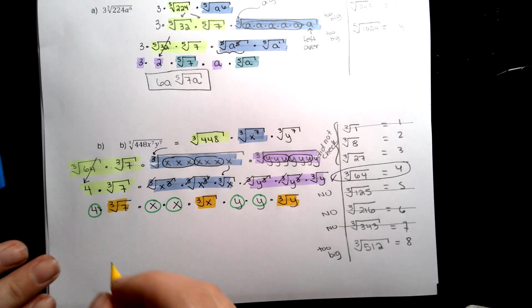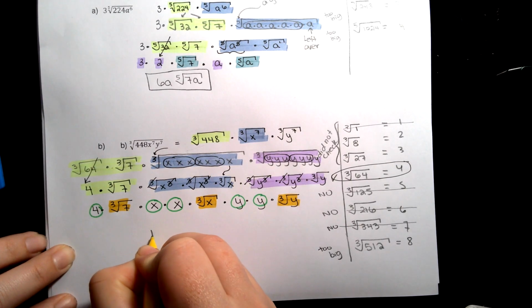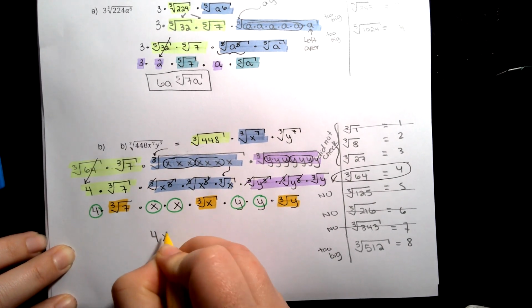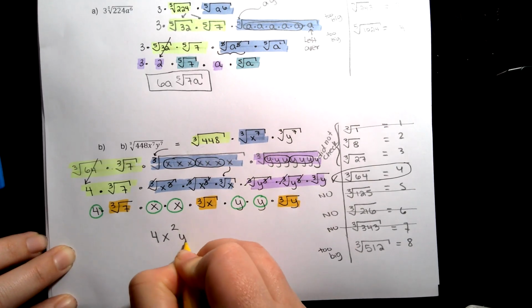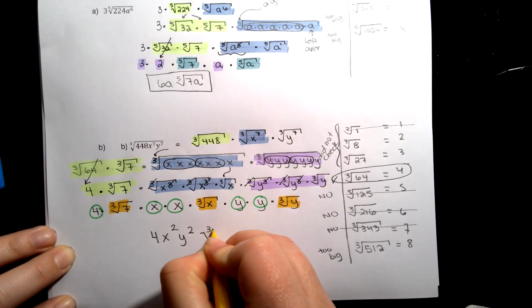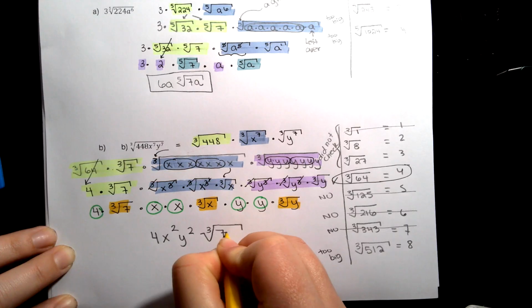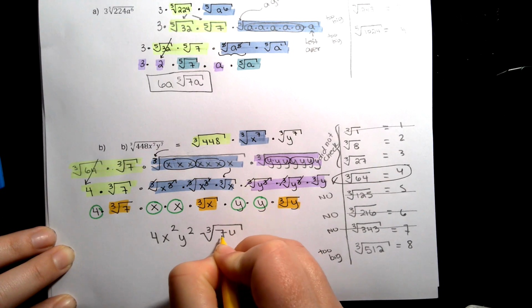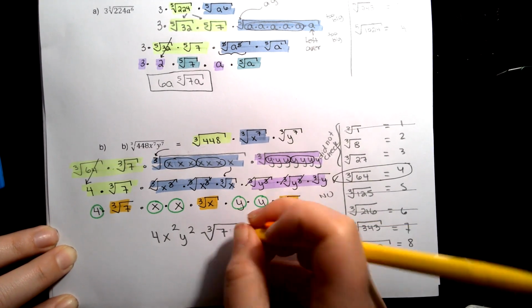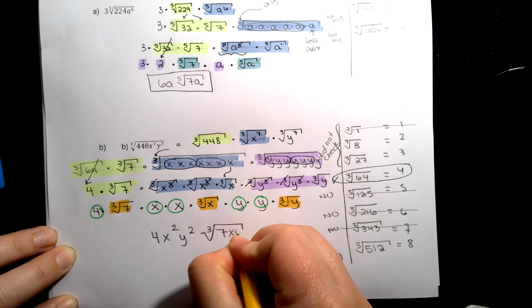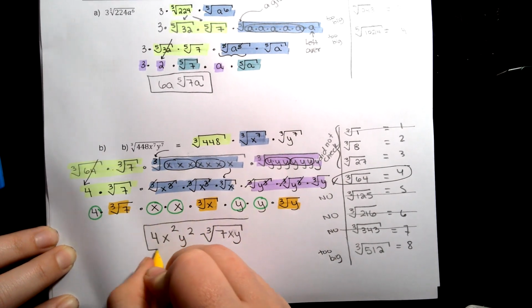So we're going to multiply everything. So we end up having 4. x times x is x squared. y times y is y squared. Cube rooted, we have 7x, y. Almost forgot my x. And this is the answer.